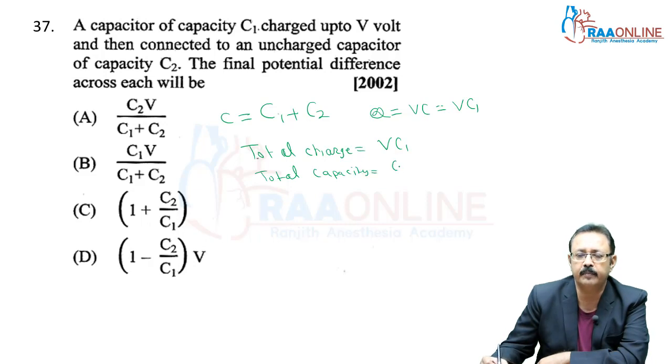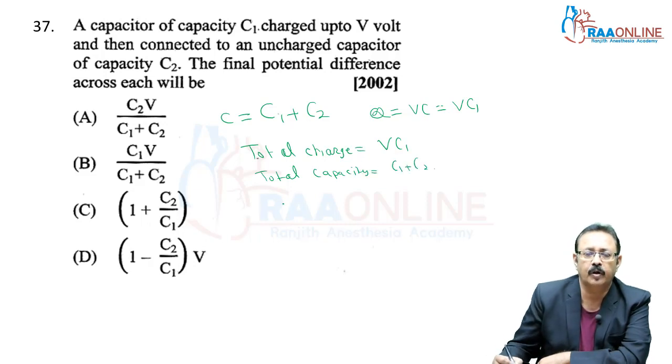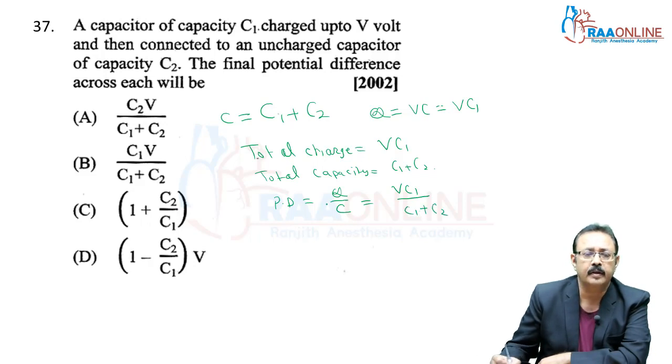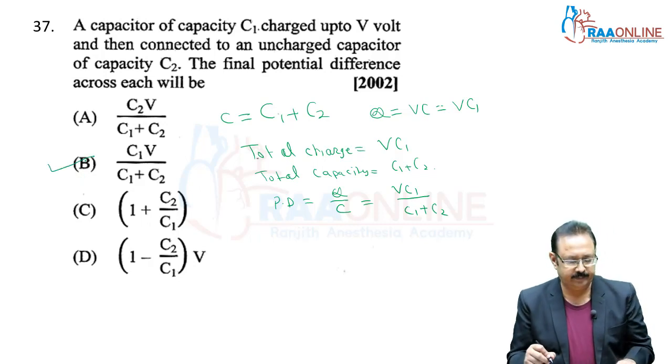It is C1 plus C2. So now the potential difference should be V is equal to Q upon C. The charge is VC1 and the capacity is C1 plus C2. So we will go with option VC1 upon C1 plus C2, that is B.